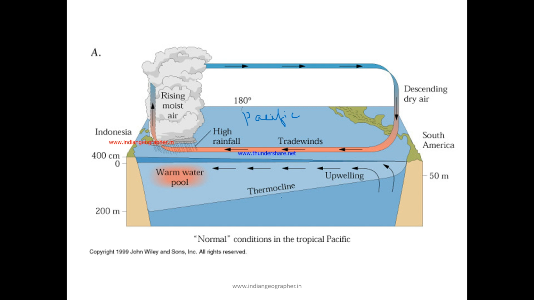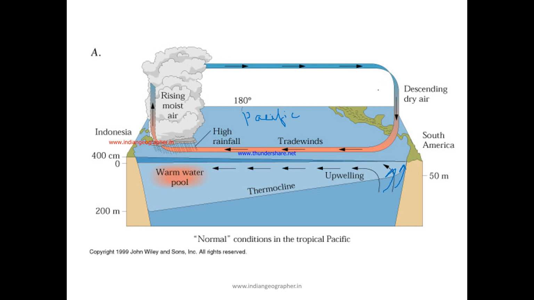And there is a fairly steep thermocline, and this results in upwelling in the coastal areas of South America, that is the eastern part of the Pacific. So this is the normal cycle that is going on.